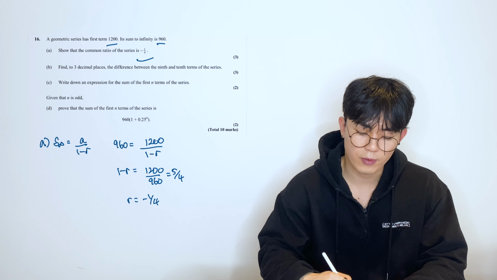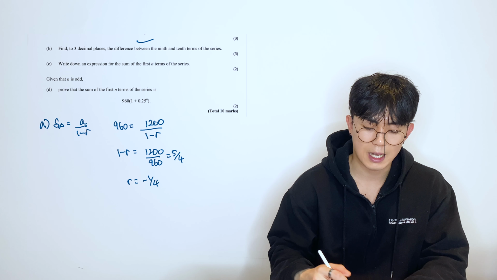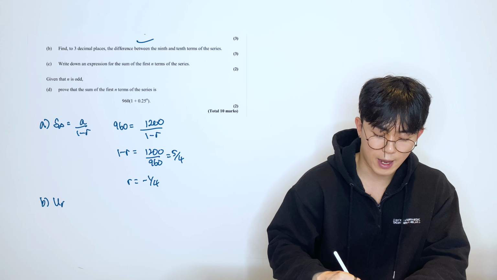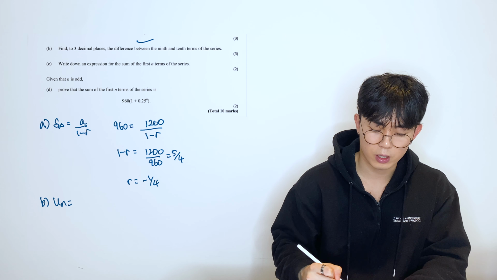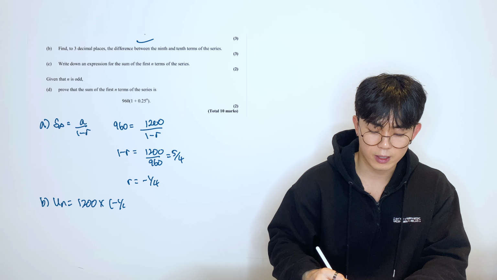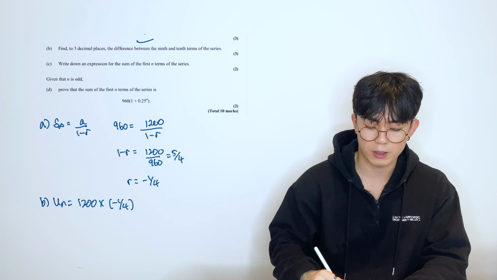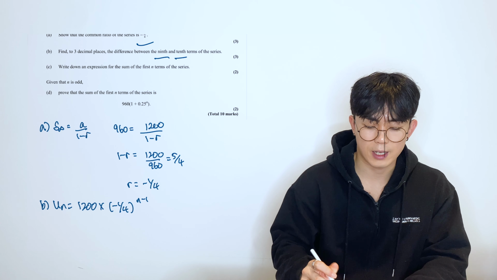In part B, it says find to 3 decimal places the difference between the 9th term and the 10th term. So now, rather than the sum equation, we're looking at the nth term equation, right? Just to write out the general nth term equation, our a is still 1200. Our r is negative 1 over 4, so I'm going to write that as a bracket to the power of n minus 1. They want us to find the difference between the 9th and the 10th term.